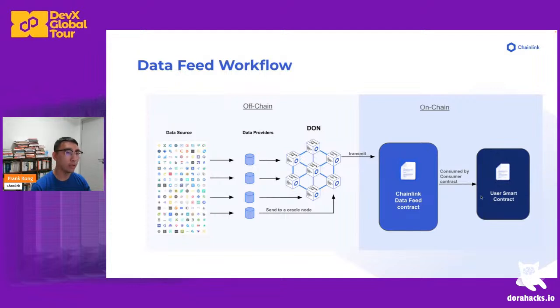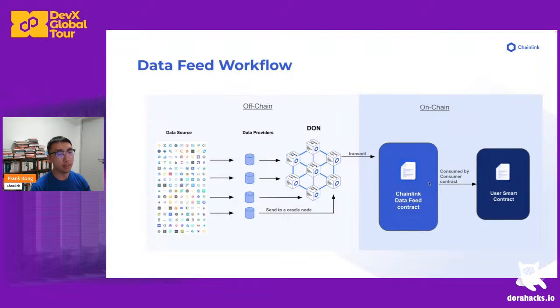So as a developer, it is very easy for you to use the data provided by Chainlink data feed, because you only need to know the address of the pair of the asset, like BTC/USDT or BTC/USDC. You just write this address into your smart contract and use the API of this smart contract, and then you call a function like transmission, and you get the data from the smart contract deployed by Chainlink.